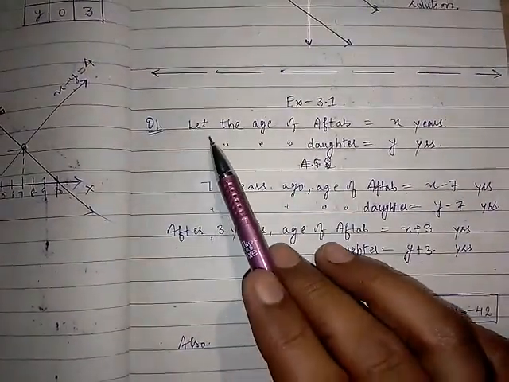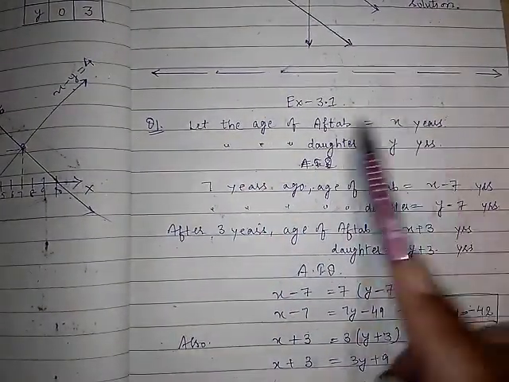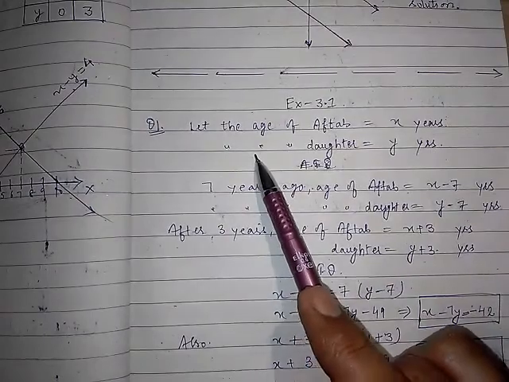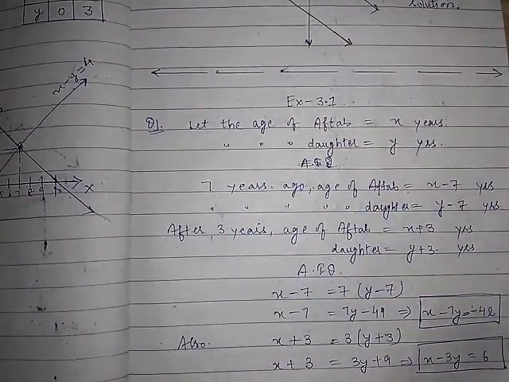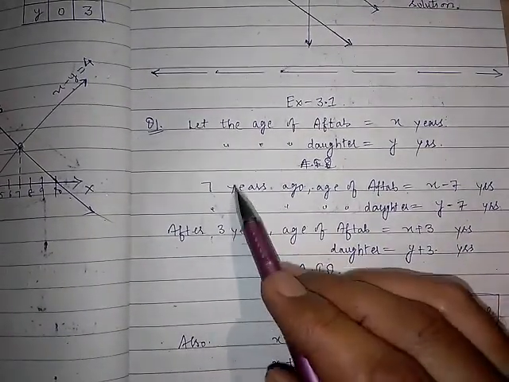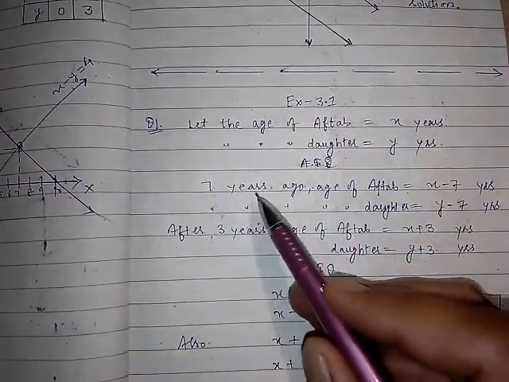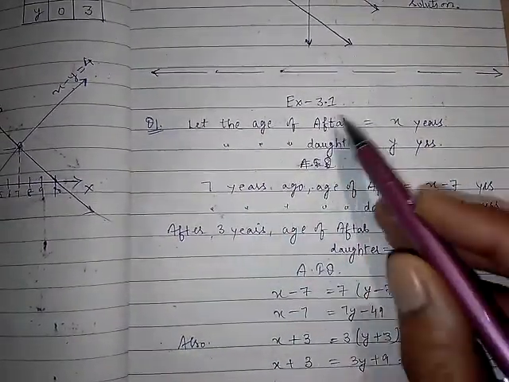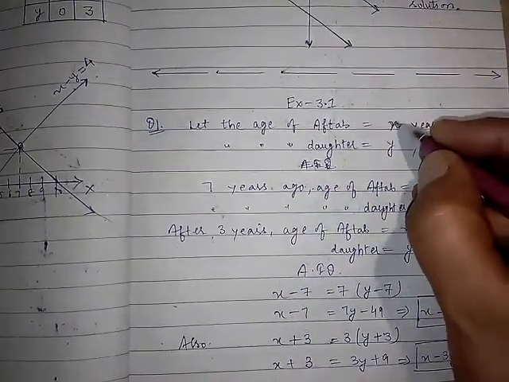So what I will do, I will let the age of Aftab be x years, and this age is always the present age, and the age of the daughter will be y years. Now, 7 years ago means before. 7 years ago, age of Aftab. Generally, we are writing, beta, this is common sense only.